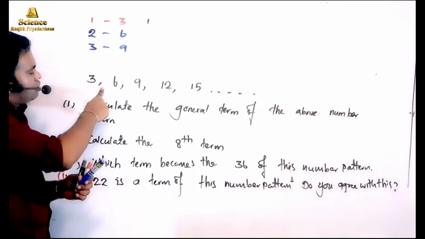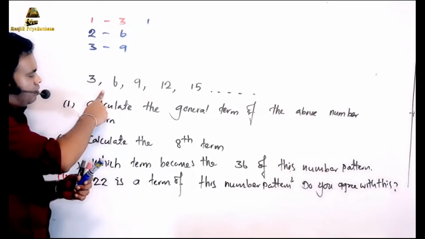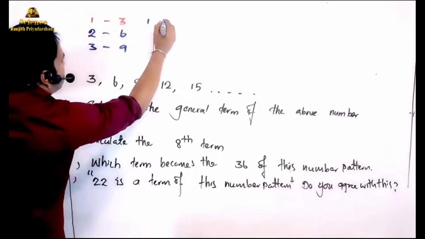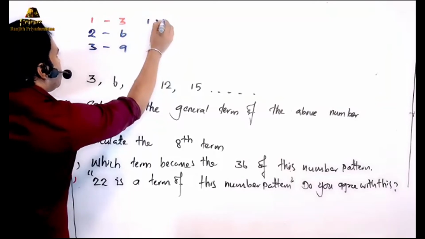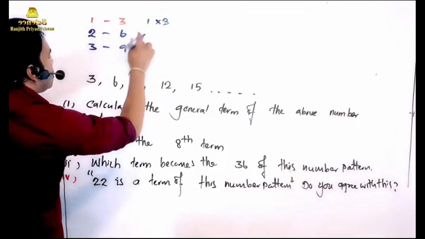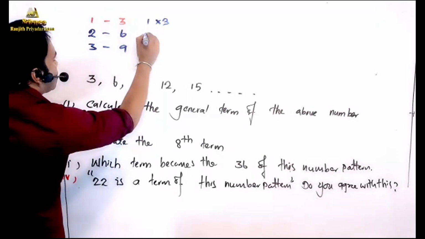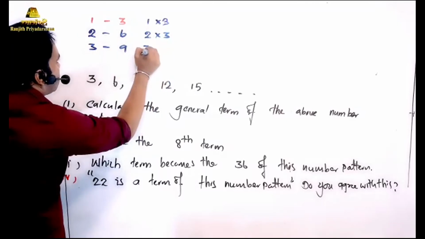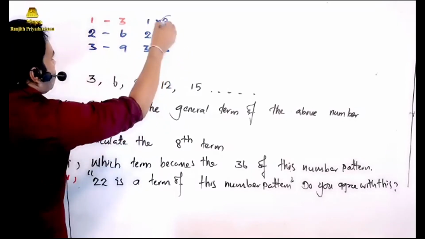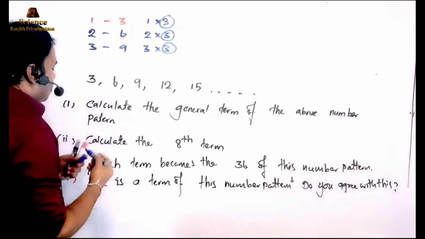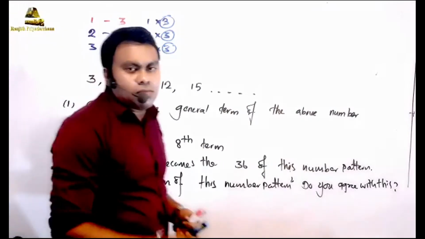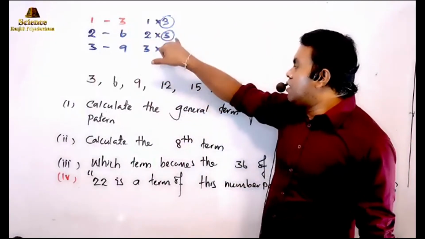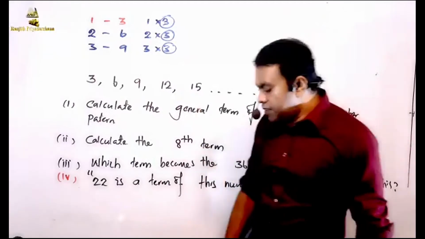That's 3. Therefore, the first term equals 1 times 3. The second term is 2 times 3. The third term is 3 times 3. So you can see the common difference becomes the common factor we consider here.